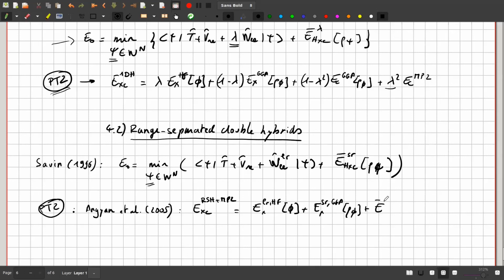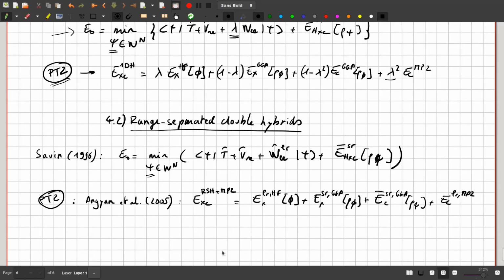Then you have the complementary short range GGA correlation. And then you have the long range MP2 correlation, okay?